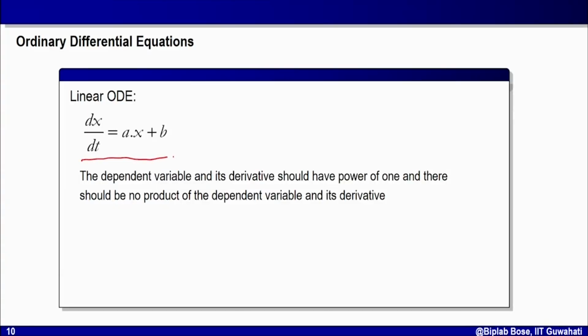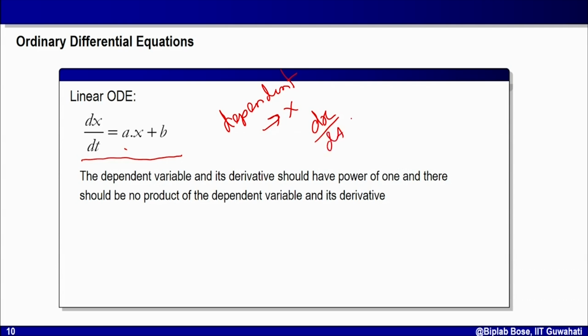Here, this is a linear ODE: dx by dt is equal to a into x plus b. Remember, the dependent variable here is x. Its derivative is dx dt.